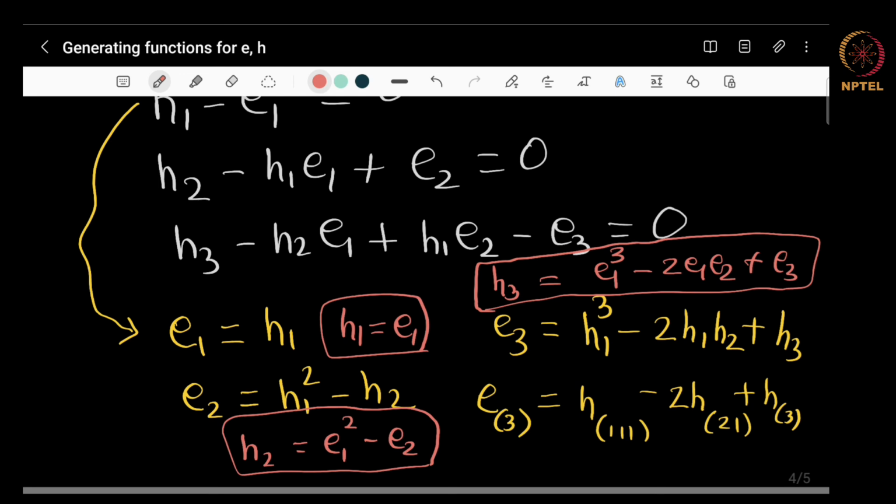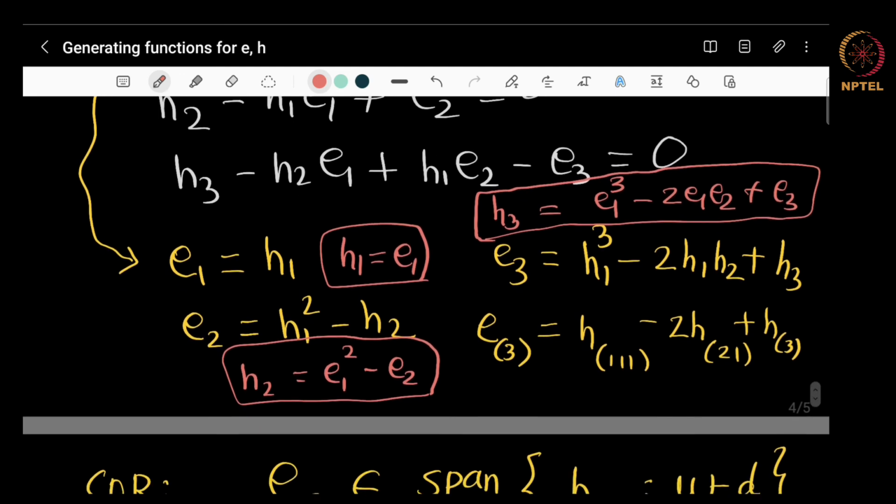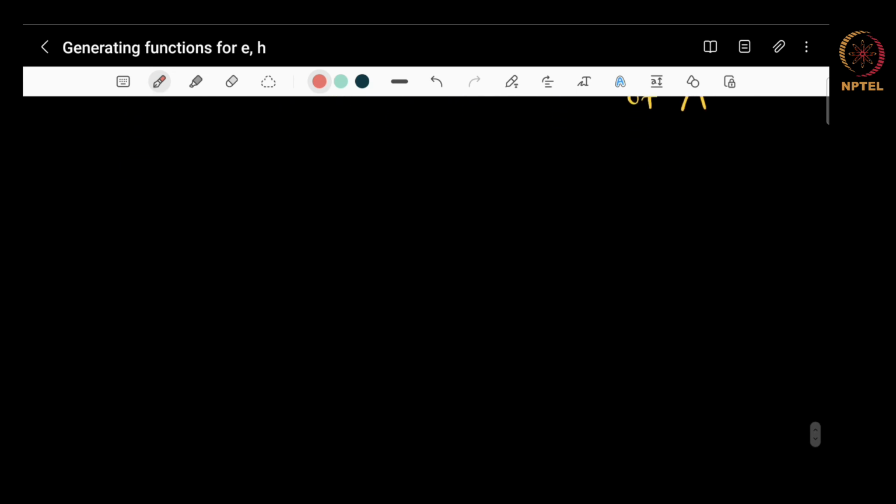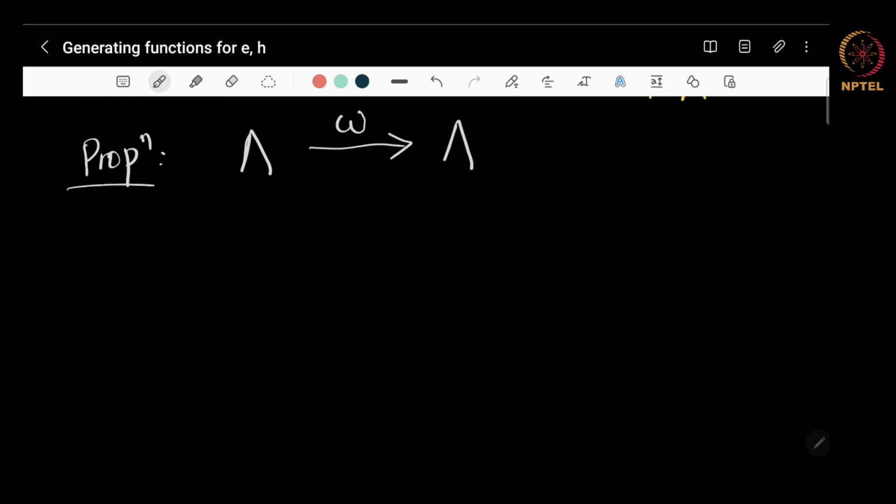Okay, so there is this nice duality or symmetry between the h's and the e's, that you can replace h's with the e's and still get a similar equation. Okay, and so this is formalized into the following theorem or proposition. The proposition says that if you take the ring lambda of symmetric functions that we talked about, then on this ring there exists a certain map omega.